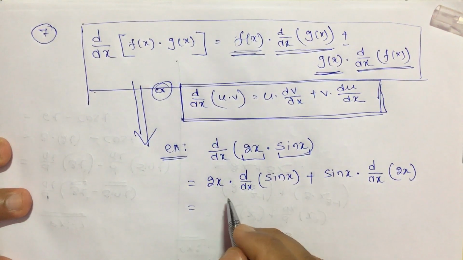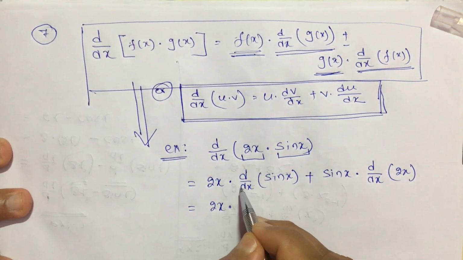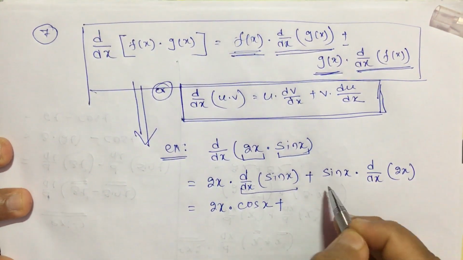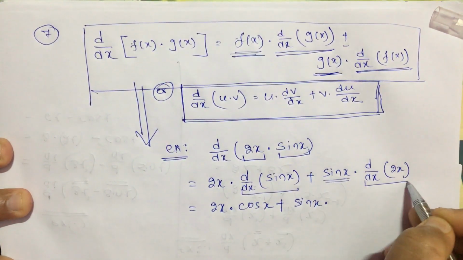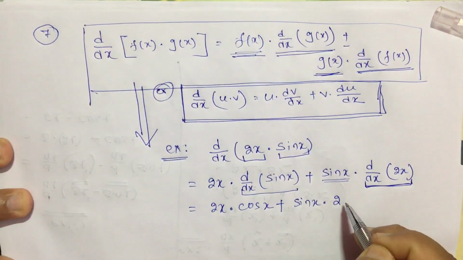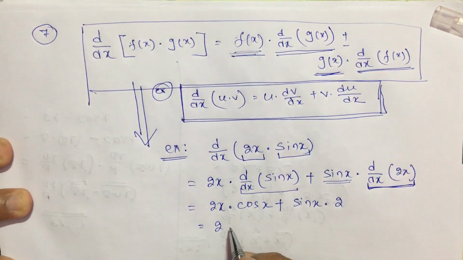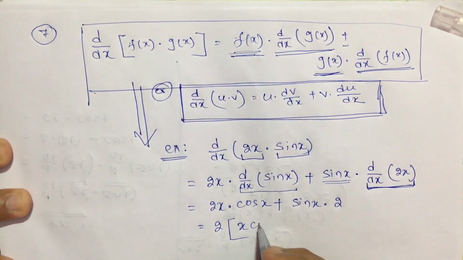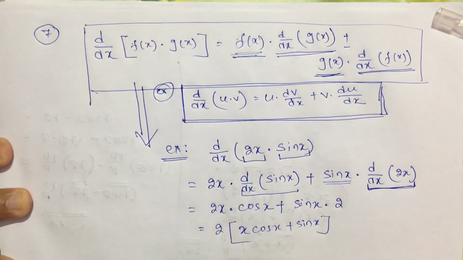So here I write 2x, no derivative, only 2x into the derivative of sin x, that is going to be cos x, plus here again no derivative, only sin x into d by dx of 2x. 2 is a constant, you can take it outside, into d by dx of x, that is 1. So I can rearrange it to write like this, 2 can be taken out and here it will be x cos x plus sin x. So this is the answer.